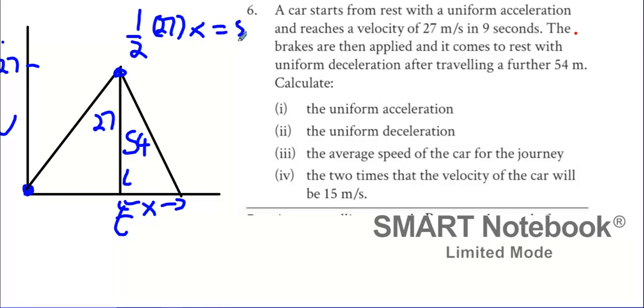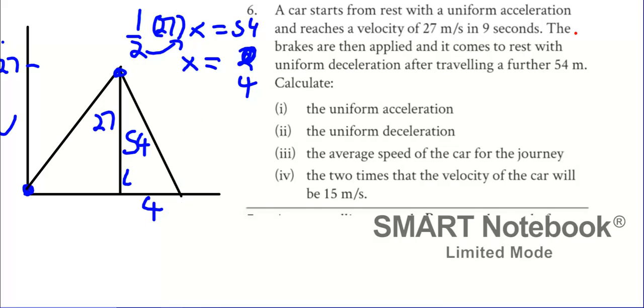Is 54. Therefore, x must be, anybody? 54 divided by 27? 2. 2 multiplied by 2? 4. Your time's 4 seconds. Okay? You know that's 4 seconds straight away.